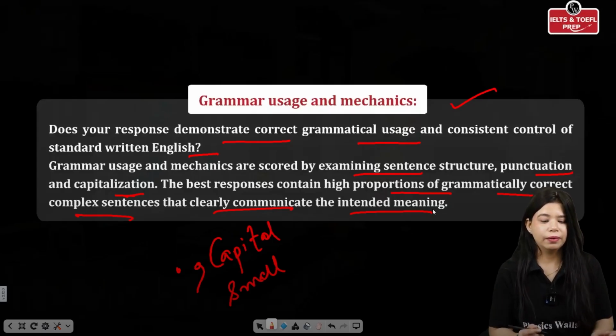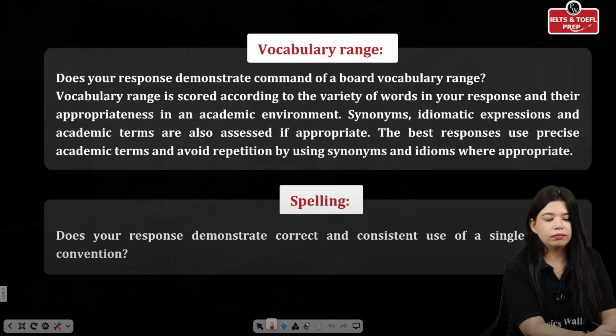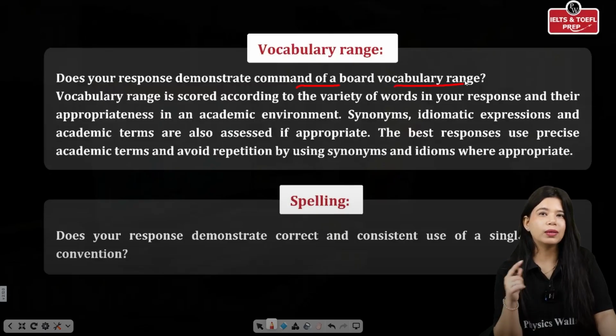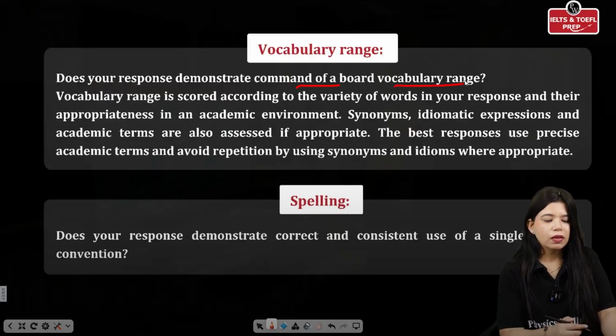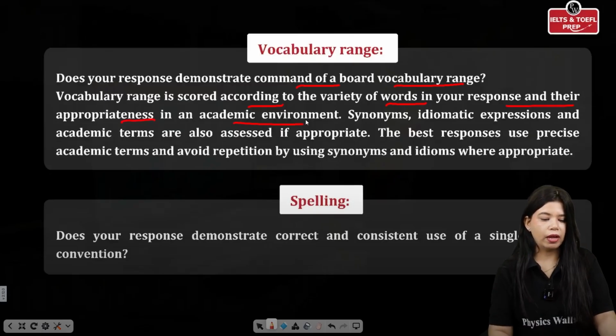That is seen here. Moving on, you will also be given a score on vocabulary. Here you need to see whether your response demonstrates command of a broad vocabulary range or you are simply repeating the words. Vocabulary range is scored according to the variety of words in your response and their appropriateness in the academic environment.